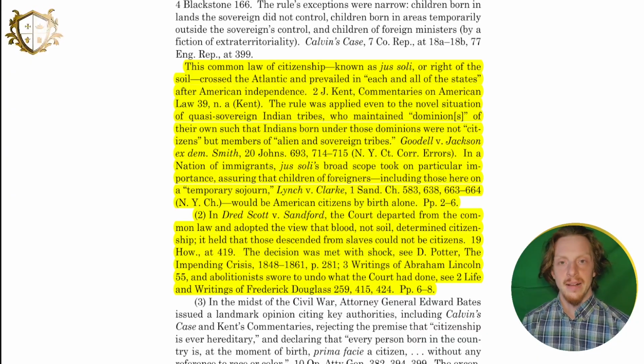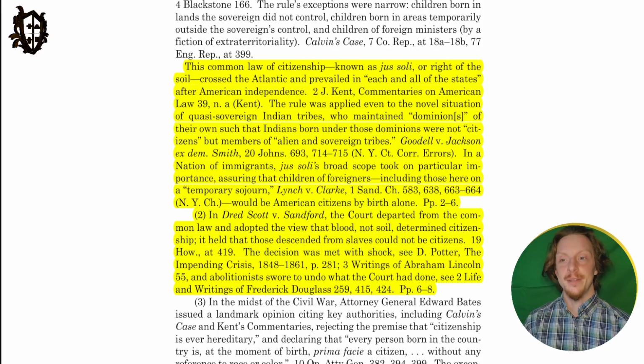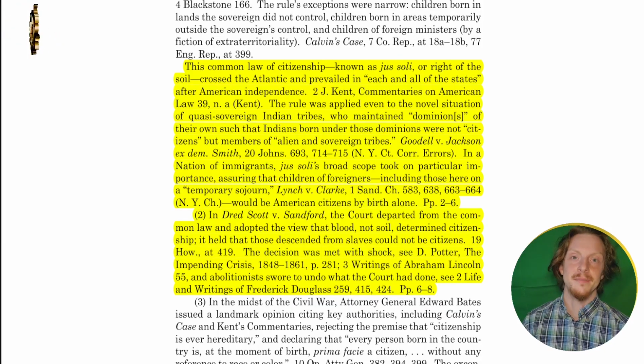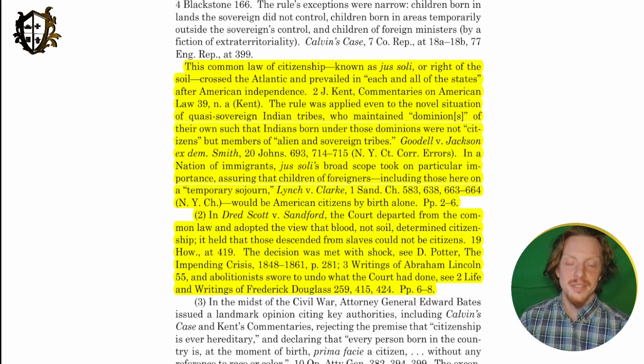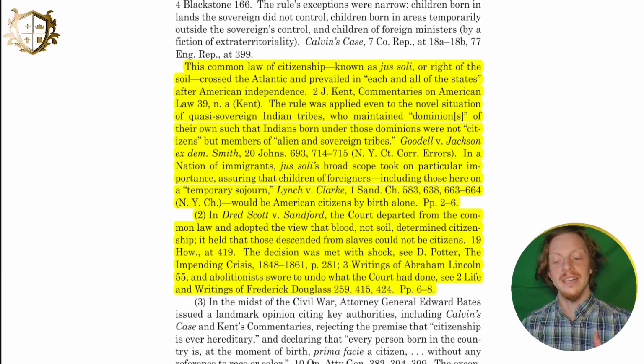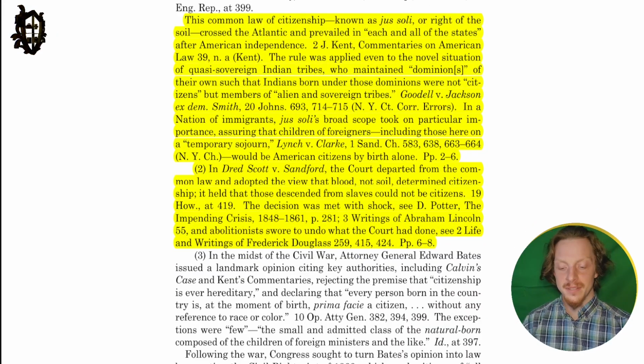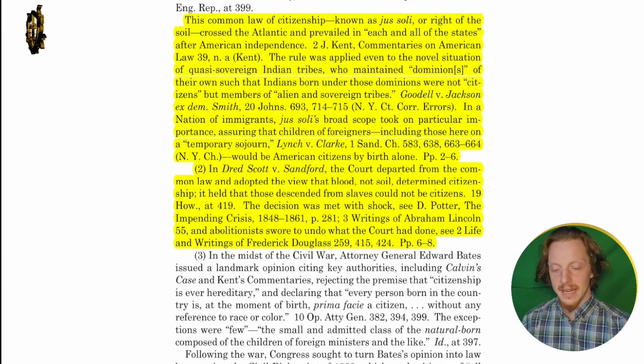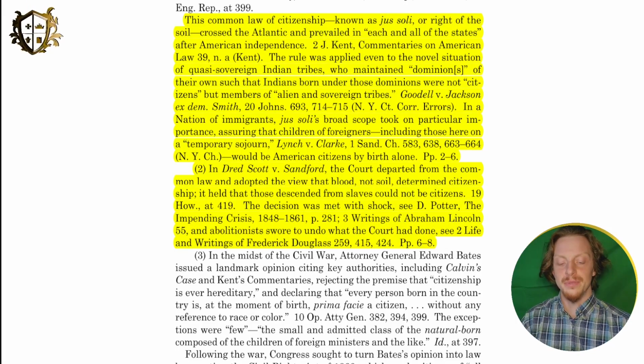However, I have an act of legislation from 1790 which shows the surrounding qualifiers for what exactly it means to be born here and then to be naturally granted citizenship as a result of you being born here. It's a total lie, and it's completely bogus to try to state that the founding generation endorsed the idea of jus soli.